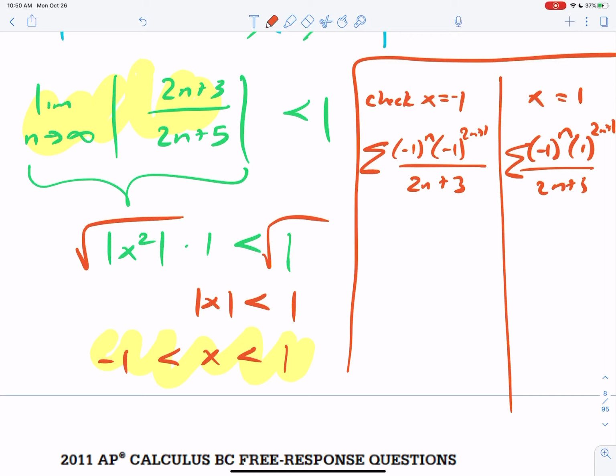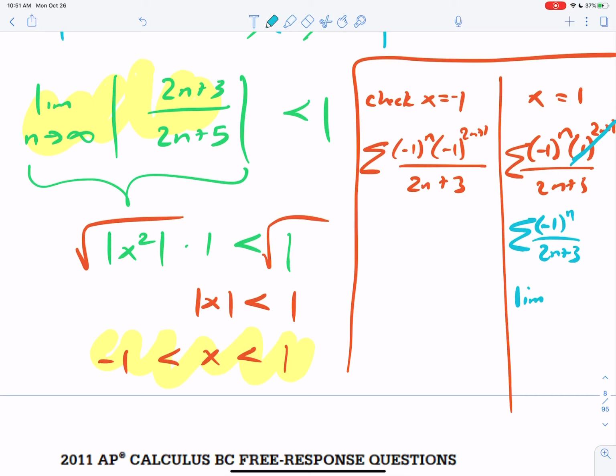Let's start off with the right-hand side here. 1 to the 2n plus 1. 1 to the any power is just 1, so I'm going to get rid of that. So here I have negative 1 to the n all over 2n plus 3. Right there, I would use the alternating series test, because there's an alternating piece.